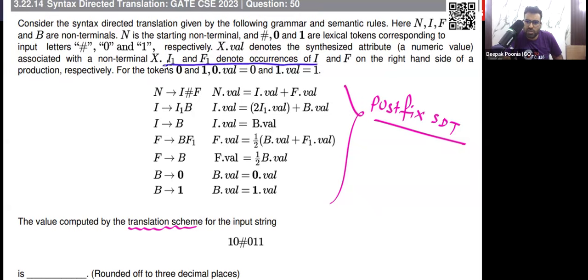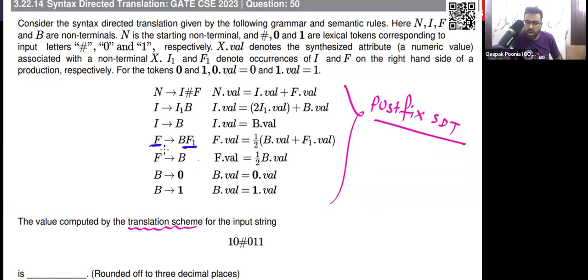These denote occurrences of I and F on the right hand side of the production. For example, here you can notice I going to I1, B. Notice this I1 is also non-terminal I. Both are the same. But just to differentiate which one I am talking about, we are using this subscript. For example, here also we have F.